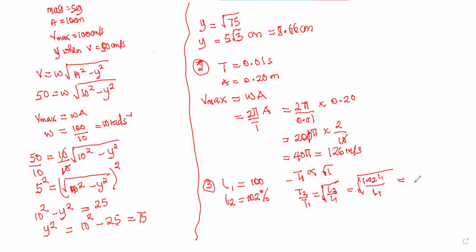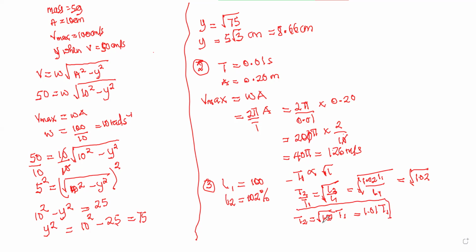So we have this to be equal to the root of 1.02. And what is the square root of 1.02? It is 1.01 of T1. So this will be the new value of the period.